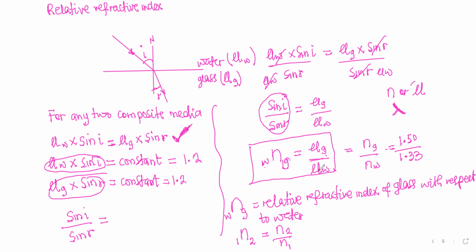Please, are we okay? Frank, are you okay? Frank is not being frank with me. Please, the 1.50 and the 1.33, are they constants? They are constants. I'll give you the absolute refractive indices of some substances.